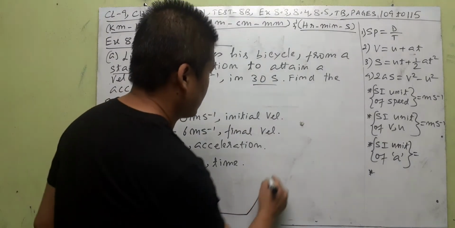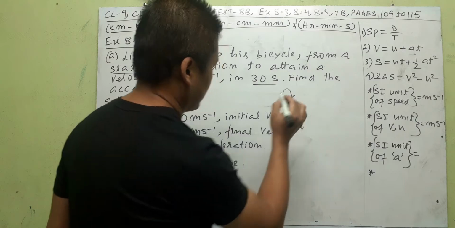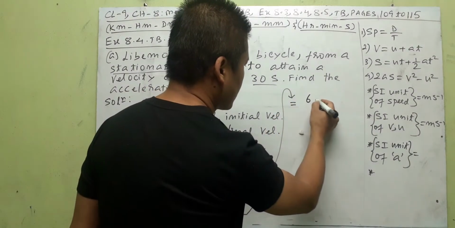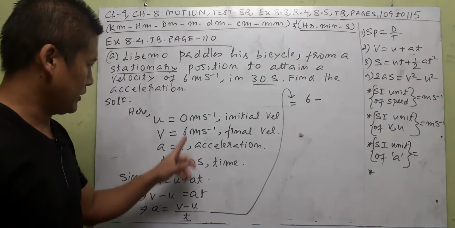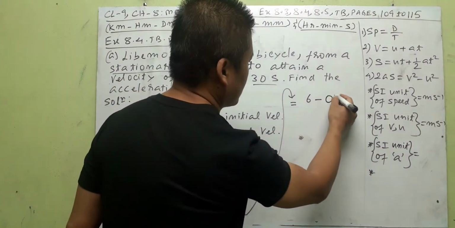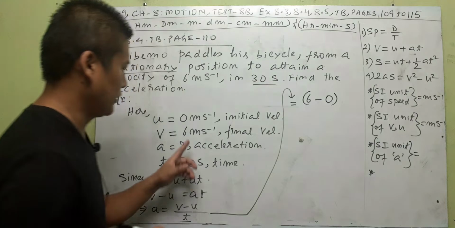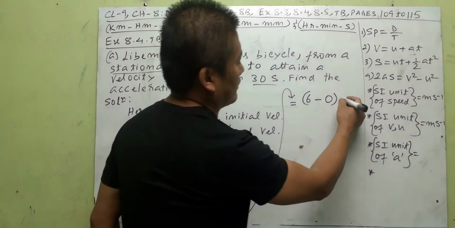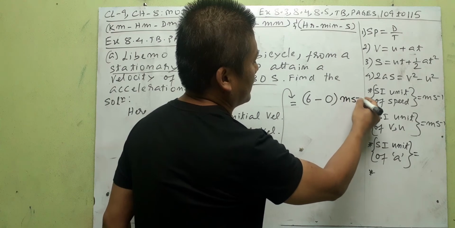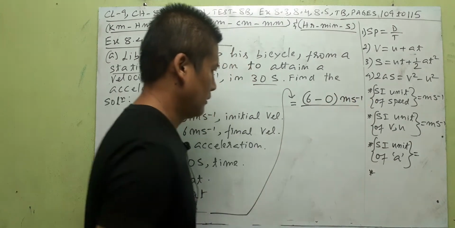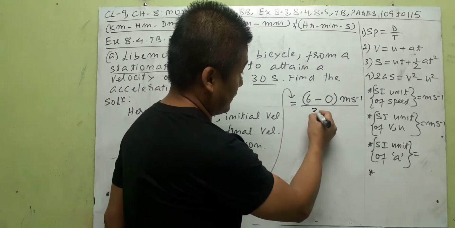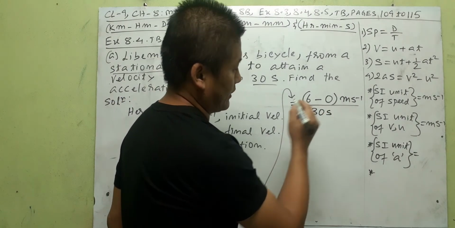So let us do that. So that will be equal to, V is here 6 minus, U is here 0. I didn't write the unit because both of them have the same unit, meter per second. So you can take it out of the bracket, meter per second, divided by T, here 30 seconds, so you can just write there 30 seconds.